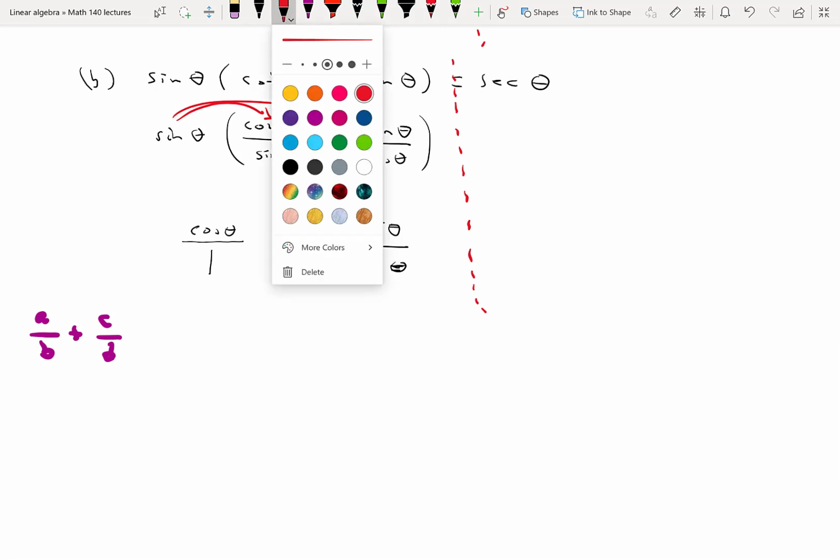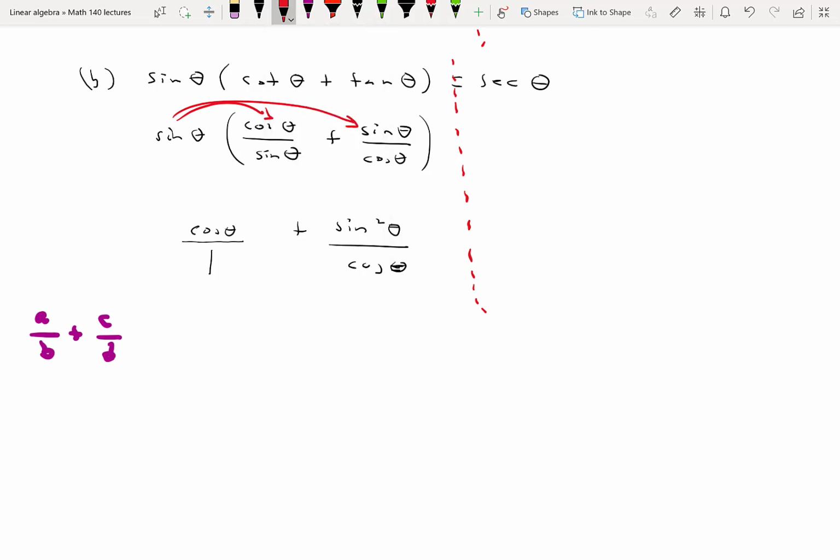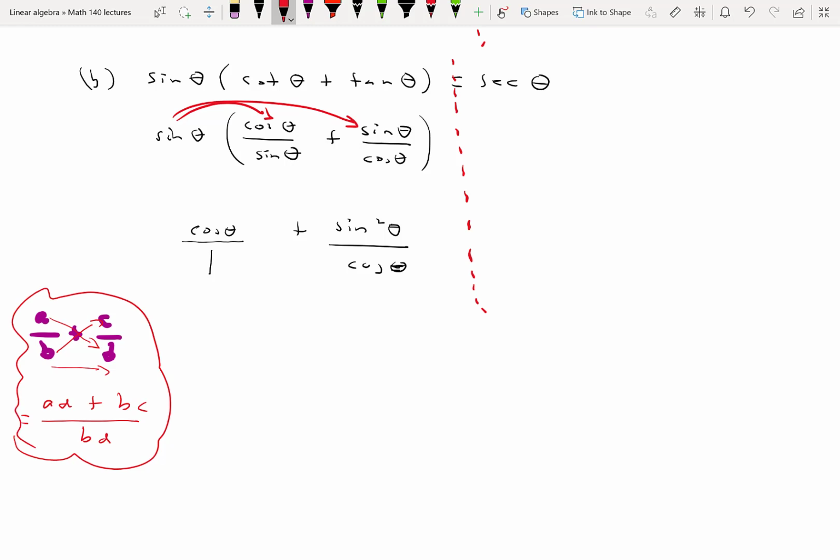You can cross multiply down and get a times d plus that cross multiply up b times c, and then multiply straight across for a common denominator. So this is a formula from algebra, which I'll put in a cloud there. And I'm going to use that formula right now.